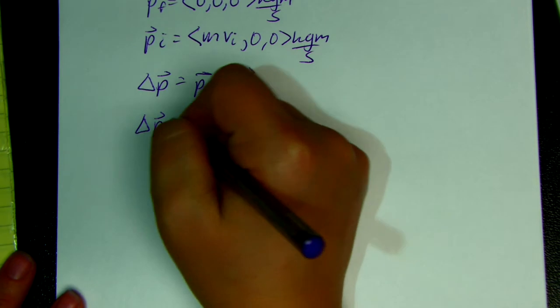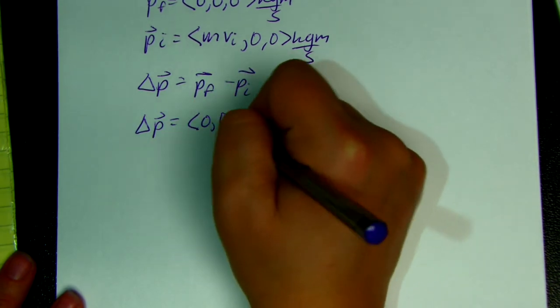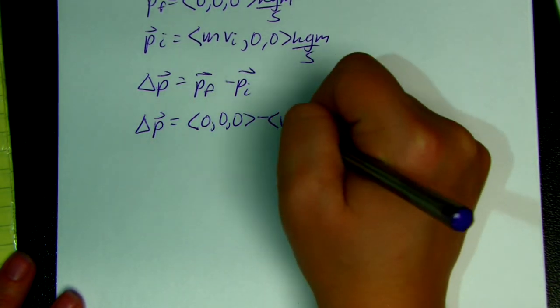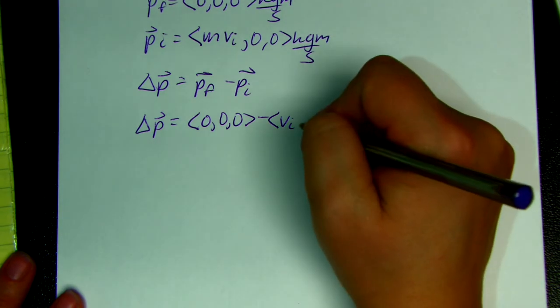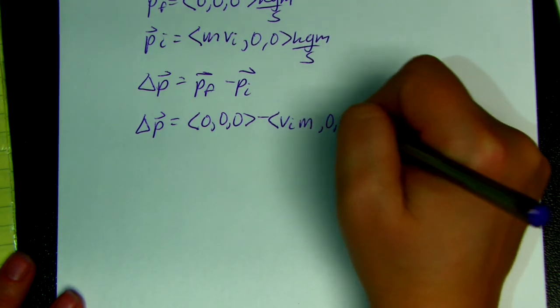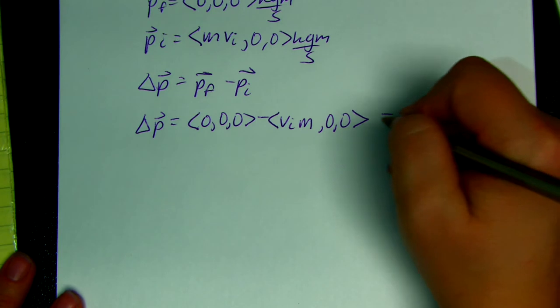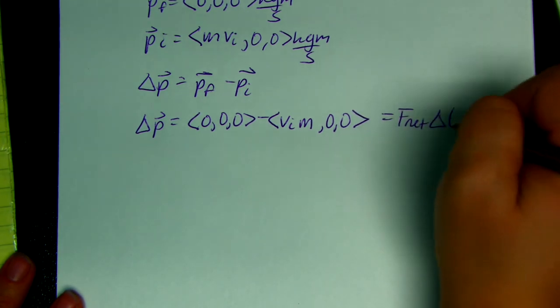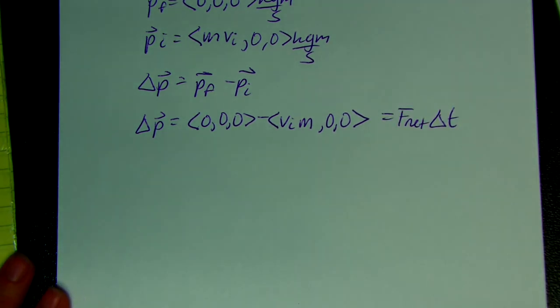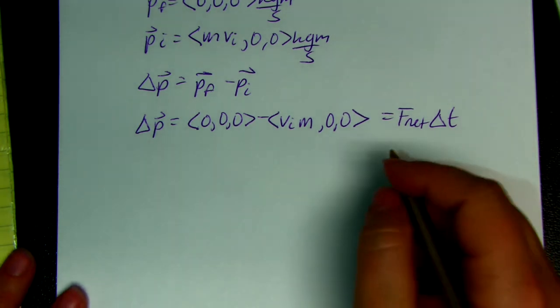So delta P is equal to 0.000 minus VI times M, 0.0. And this is equal to F net delta T. Okay, so at this point we've plugged in what we know and we still have two unknowns, so we need to go after some reasonable numbers.